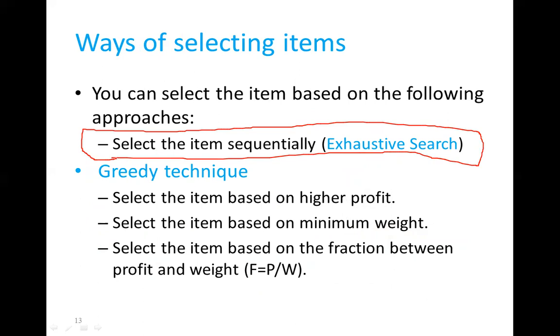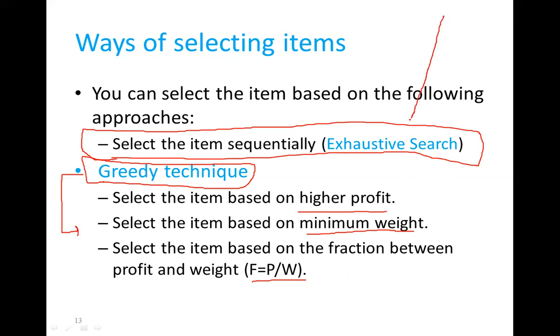We have different ways of selecting: we can select the items with the higher profit, we can select the items based on the minimal weight, or we can select the items based on the ratio between the profit and the weight. But these approaches relate to greedy techniques. In another lecture, we can discuss these types of selection. But today we will discuss the selection based on exhaustive search.